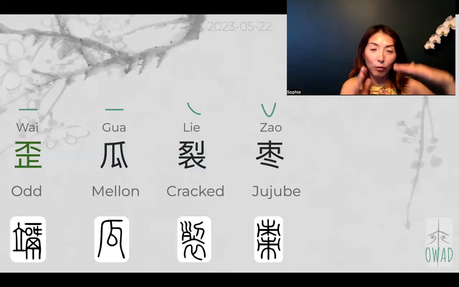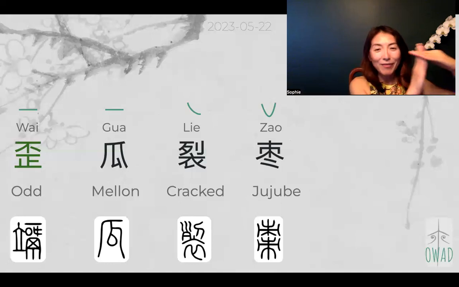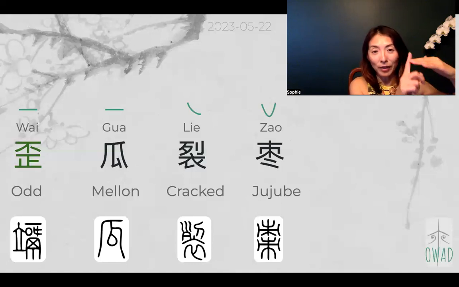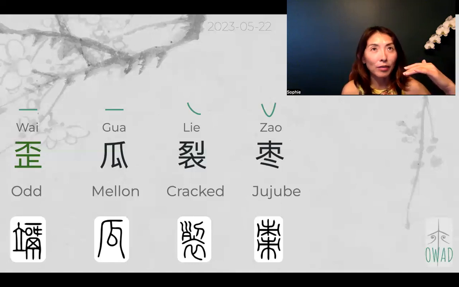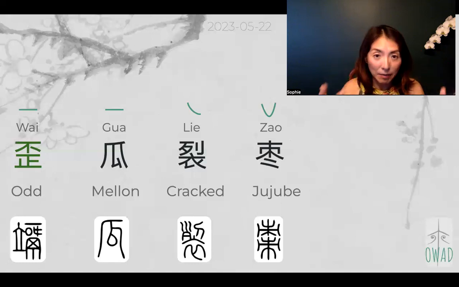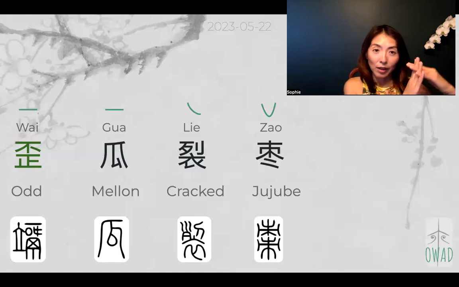And then the raw edges, imagine this is the edge of the fabric going kind of uneven with some lint. I'm not sure if it's called lint, some fibers or threads sticking out. So this depicts the raw edge of a cut fabric.